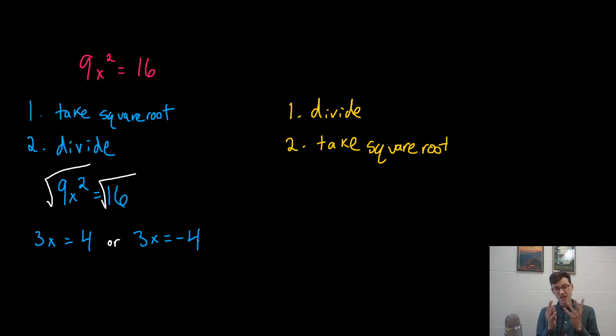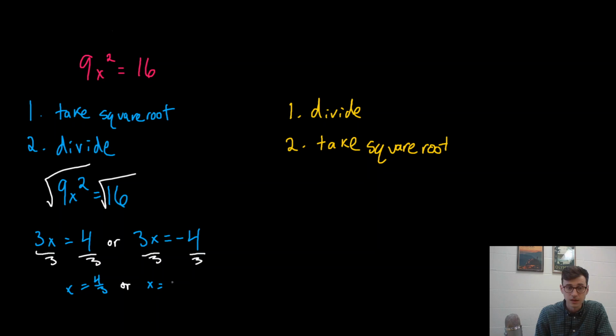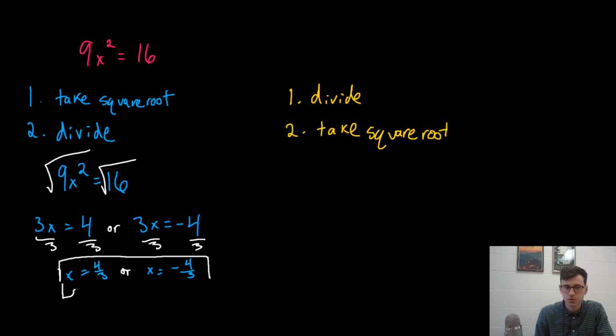Because when you take the square root, it could be the positive or it could be the negative. Okay, so then here we divide by 3 and get x equals 4 over 3. Here we divide by 3 and get x equals negative 4 over 3, right? So that's your answer.